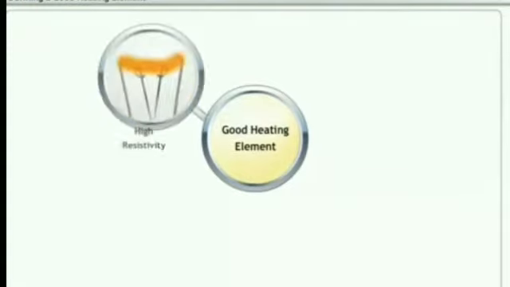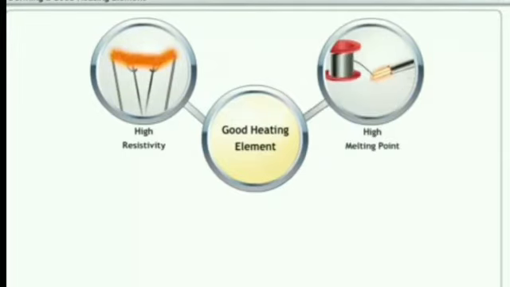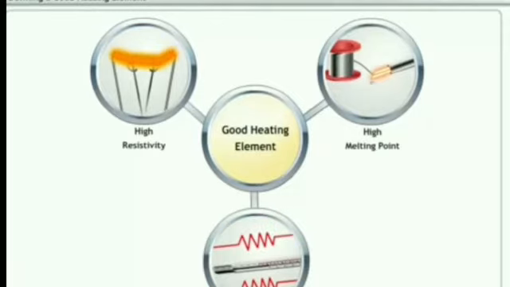A good heating element should have high resistivity so that it gets heated quickly, high melting point to enable it to withstand high temperature, and negligible variation in resistance due to the temperature changes. Alloys are usually used as heating elements.